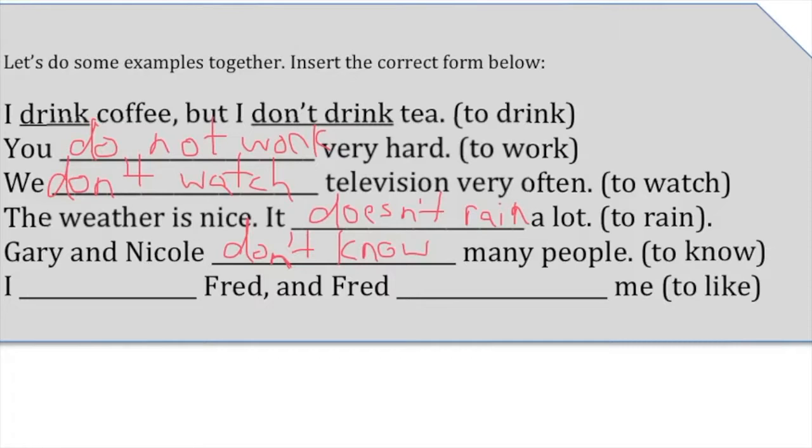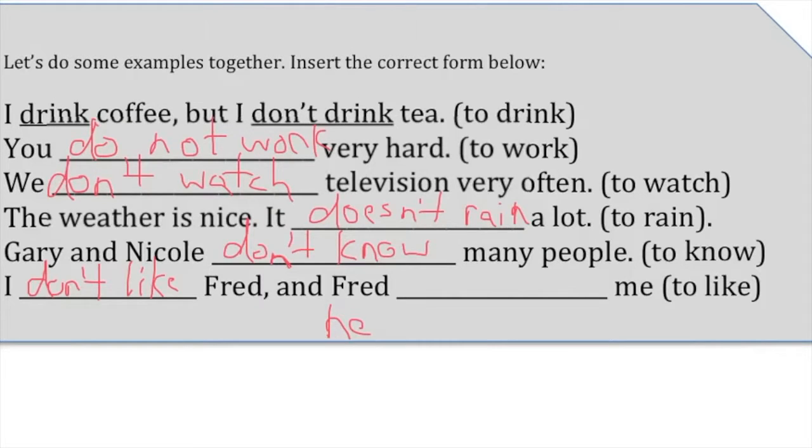Last one. I blank Fred and Fred blank me. Let's make these both negative. Here we have I don't like Fred, and Fred don't or doesn't? What is Fred? Is it I, you, he, she, it, we, or they? You should say he.